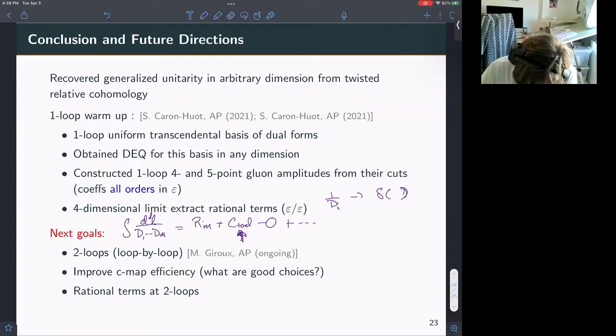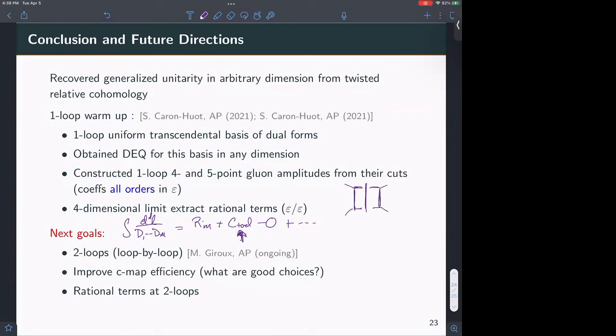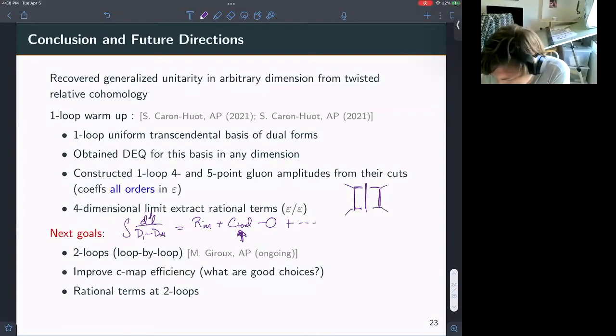Yeah. Normally, I guess you're familiar with the optical theorem, and then we would take unitarity cuts, where you need to cut two propagators to do a proper unitarity cut. The idea of generalized unitarity is to ask, what happens if we also cut this?